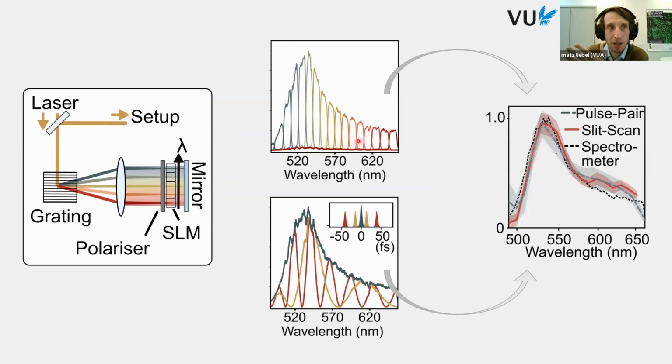So here in the upper case, all the artifacts you would expect are reduced because the temporal coherence length of your pulses is very short. I mean, very broad still for optical diffraction tomography, but very short compared to this spectrum. Nevertheless, irrespective of what we did, we saw a very nice match between the narrowband approach, the broadband approach, and a pure spectrum of the laser pulse taken with a spectrometer.